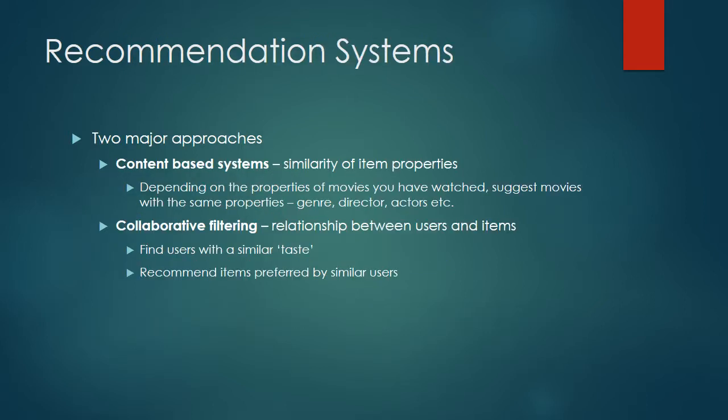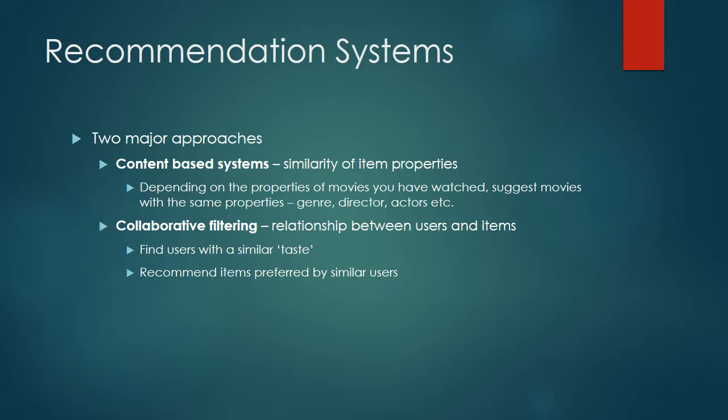So fundamentally, there are two major classes of approaches. And it should be fairly clear to you as I describe them where they make sense. The first is content-based systems, which try to take their products or their items and characterize them with a bunch of properties, right?